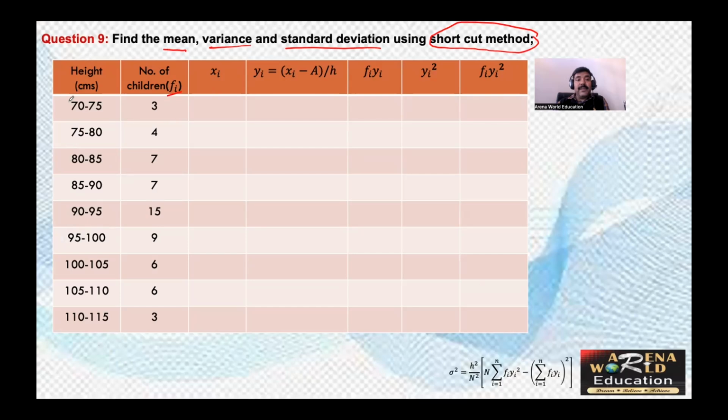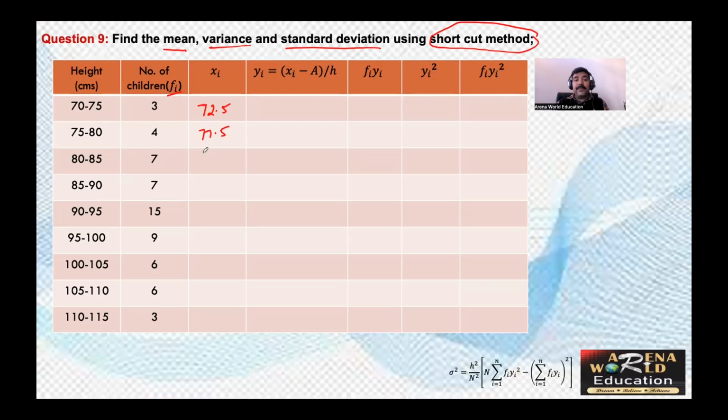This is simply the midpoint of each class interval. 70 plus 75 divided by 2 will be 72.5. Right? Then 75 plus 80 divided by 2, this will be 77.5. You can see these frequency distributions are continuous and there is a difference of 5.